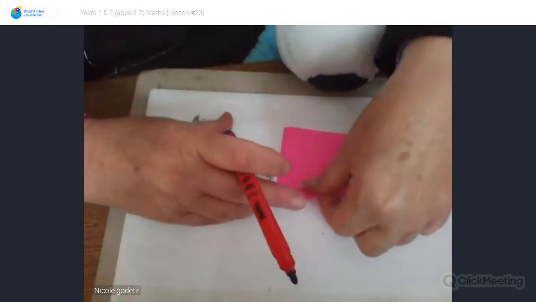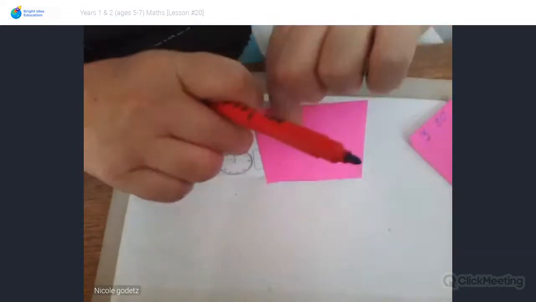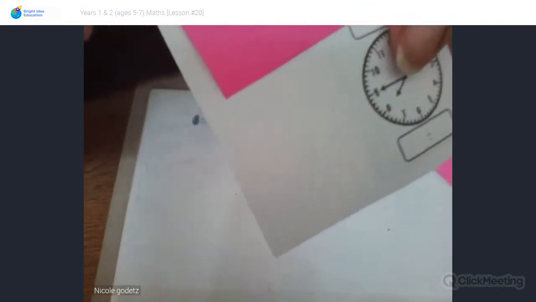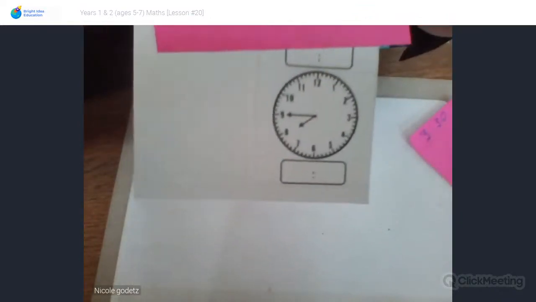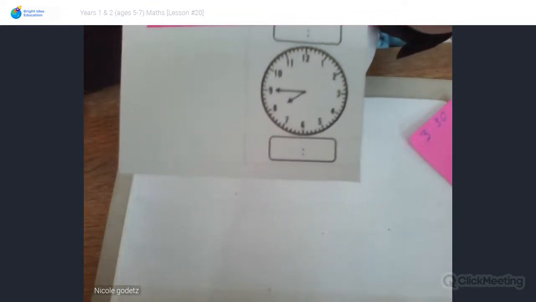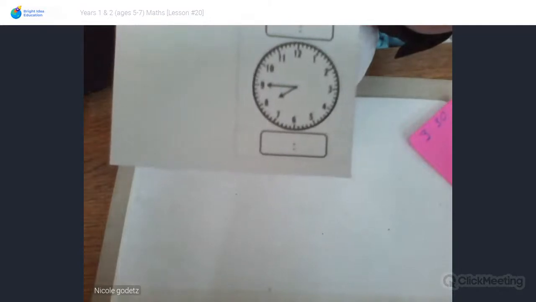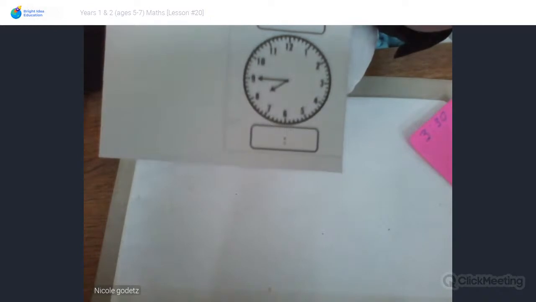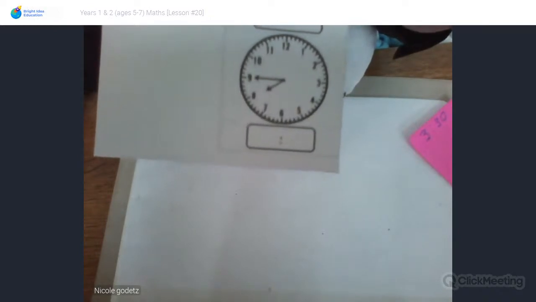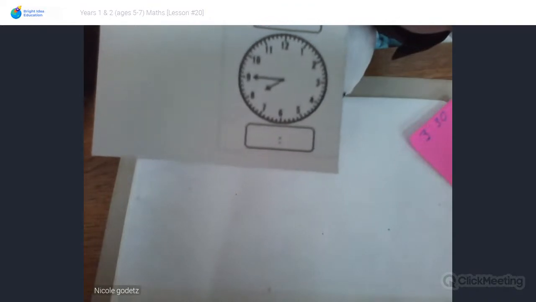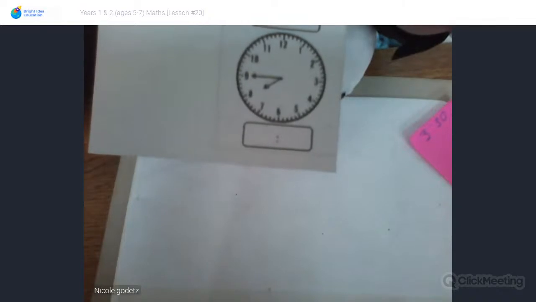Let's have a look at the next one. What is this one showing? Now look at what the hour hand is pointing to. It has not got to the 8 yet, so it cannot be 8 o'clock. When we are doing digital time, we are saying the hours plus how many minutes. So it must be the hour before.